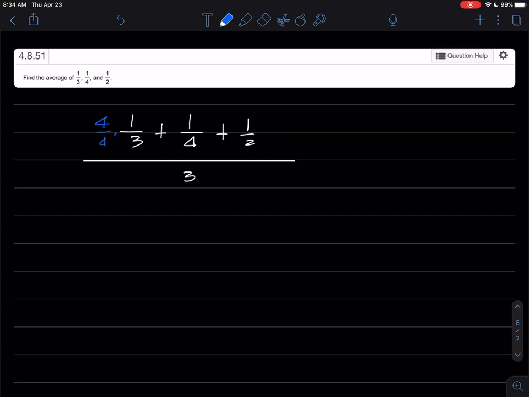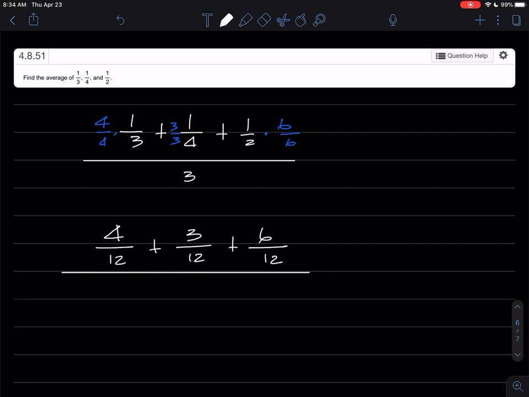The 1/4, we're going to have to multiply by 3 over 3. 1/2, we're going to have to multiply by 6 over 6. So again, we're just finding the common denominator. So the first one, we get 4 over 12 plus 3 over 12 plus 6 over 12. And don't forget that's all divided by 3.